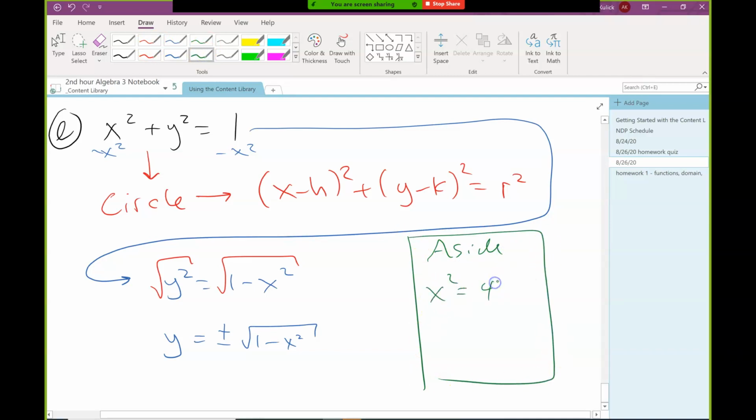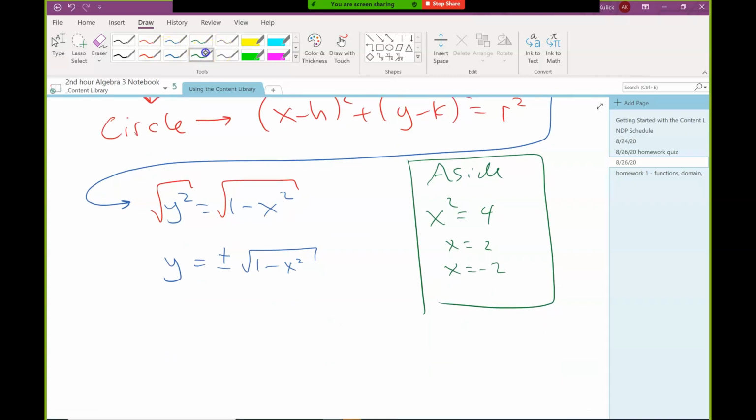So let's say that we have x squared equals 4, right? What number squared gives me 4? 2. And also negative 2. That's why we need a plus or minus, because when we have the squared there, more often than not, that has 2 answers to it. Everybody's okay there? All right.